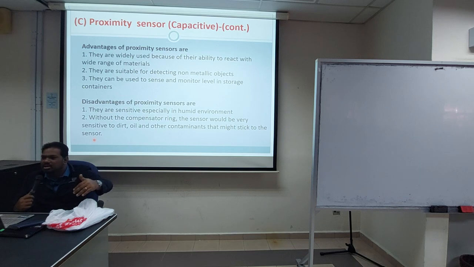Sebab dia bukannya detect production punya produk, dia detect dirt. So dirt masuk dekat sana, dia form a layer, dia selalunya akan on. So last apa yang you kena buat, selalunya tak buat maintenance lah, dia terus cabut, dia buang, dia replace. So it will incur cost. Okay, so you need to pay more.